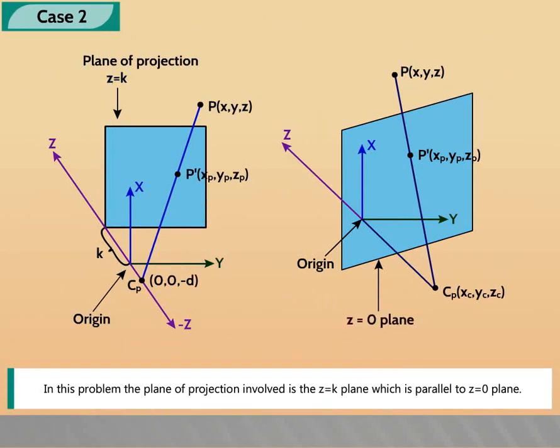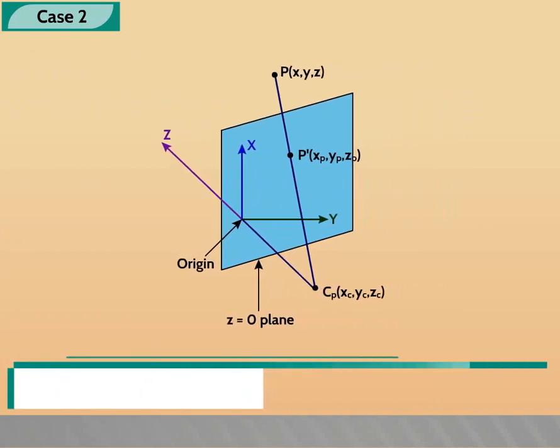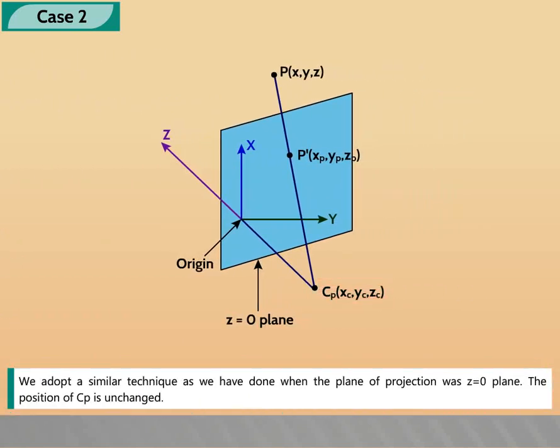In this problem, the plane of projection involved is the z is equal to k plane, which is parallel to the z is equal to 0 plane. We adopt a similar technique as we did when the plane of projection was the z is equal to 0 plane. The position of Cp is unchanged.